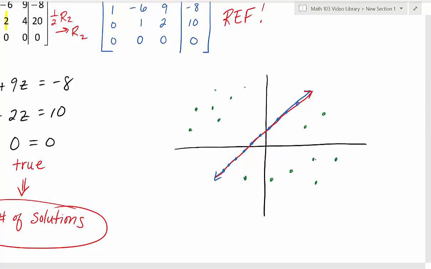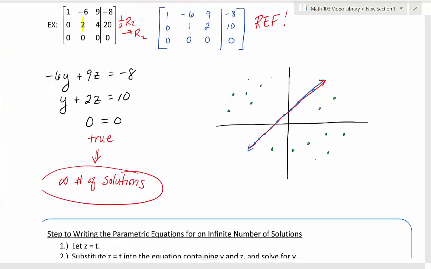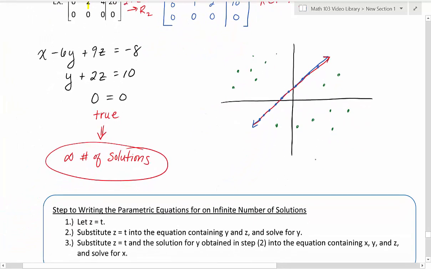There's an infinite number of points on the plane, and there's also an infinite number of points on that line. However, the number of points on the plane far exceeds the number of points on the line. So what we want to do now is narrow down the infinity so that we're only talking about the infinite number of points on that line.